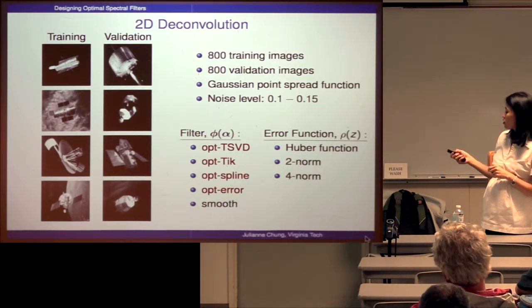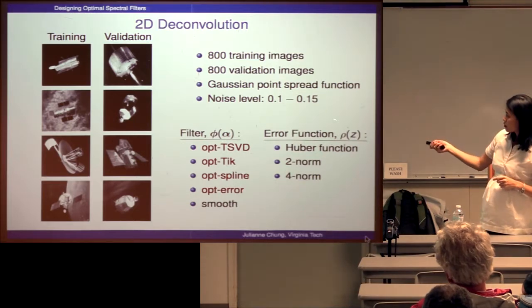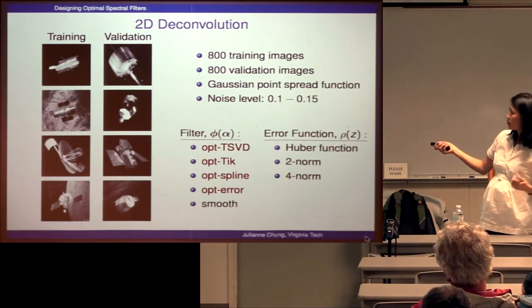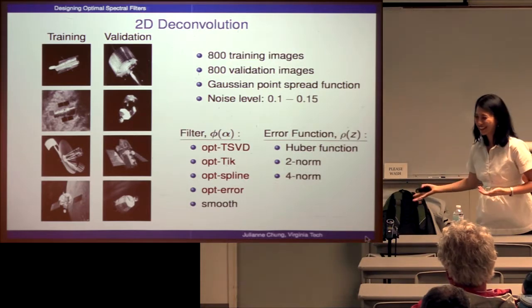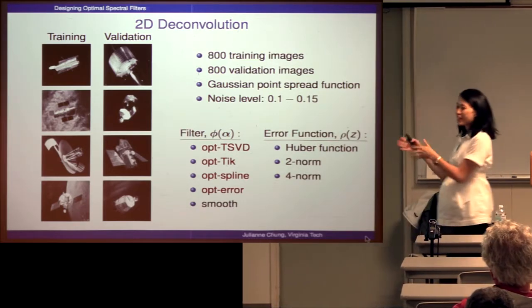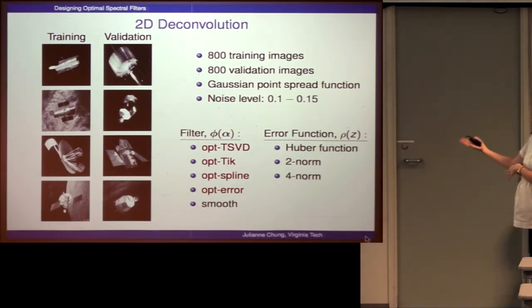So you essentially use some smoothing with the Huber function to get rid of that problem. We're going to look at the 2 norm case, and then we're going to look at the 4 norm case, because 4 approximates infinity. For these problems, we cannot do the infinity norm because the problem just gets too big, so we're going to use some approximation.